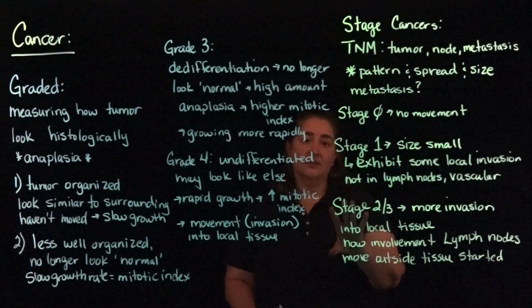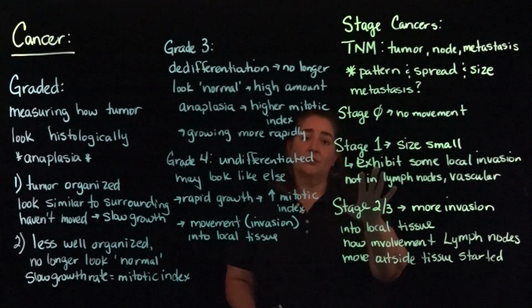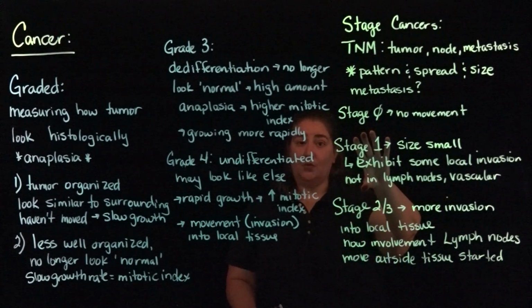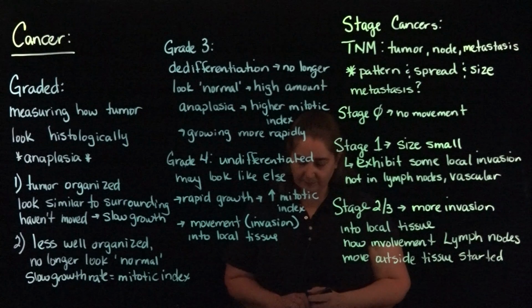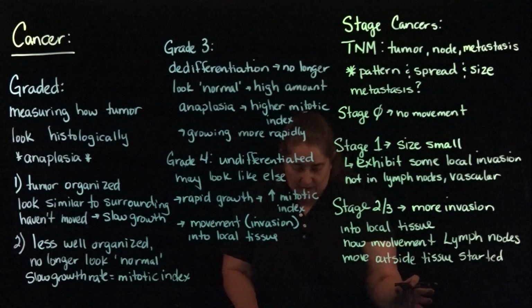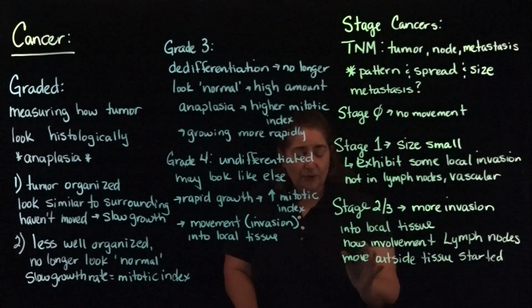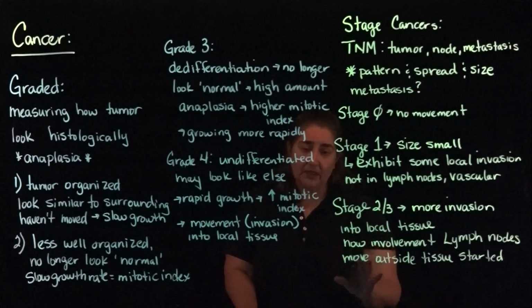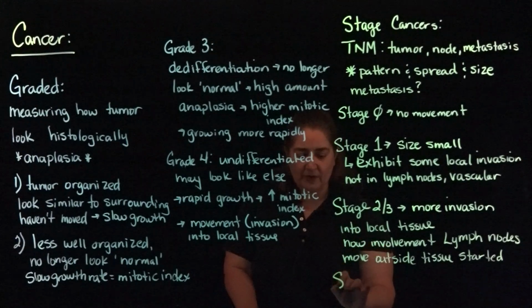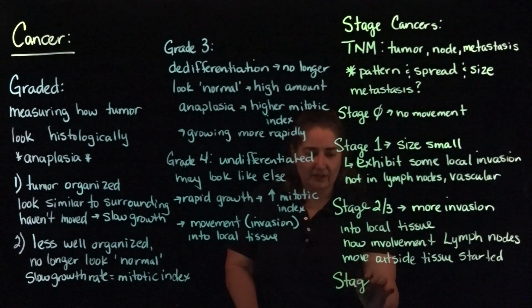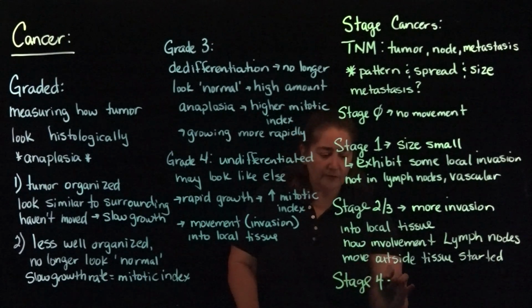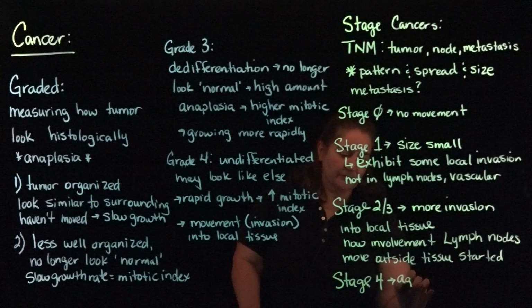Okay, that tells them that the tumor has progressed beyond stage 1. All right? And if it's moved to the lymph nodes or to the blood vessels, it can get to other parts of the body. All right? Stage 4 is our most aggressive.